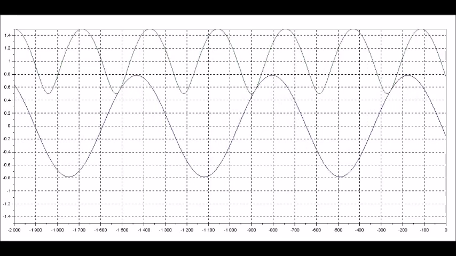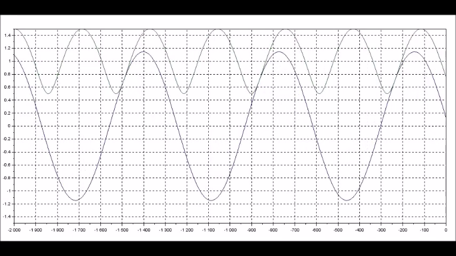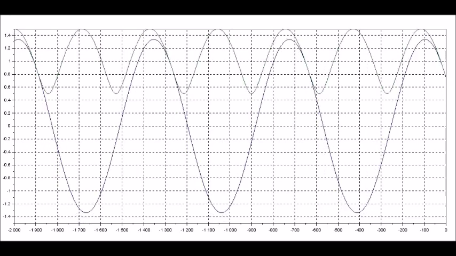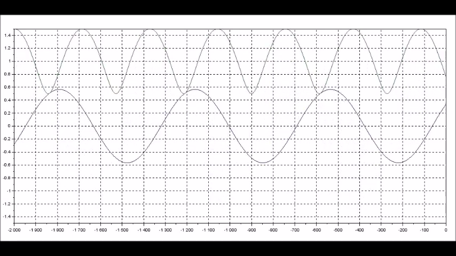The fluctuation is because of the reflection from the interface.